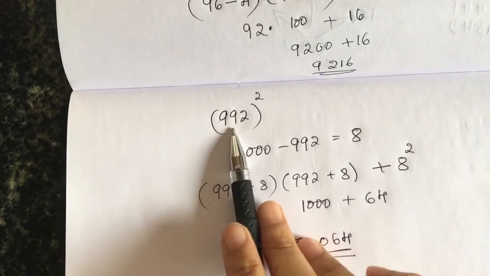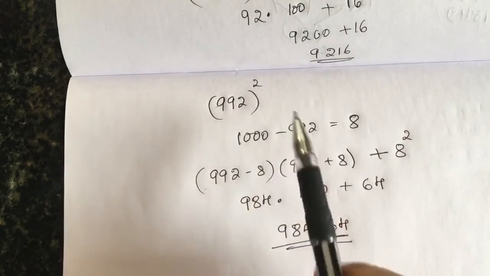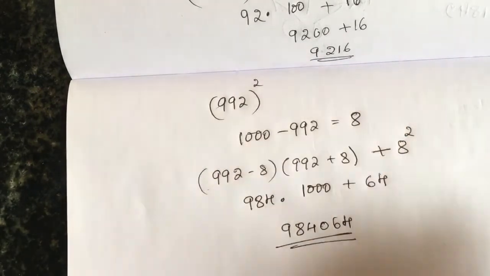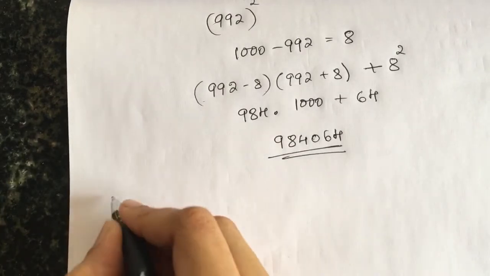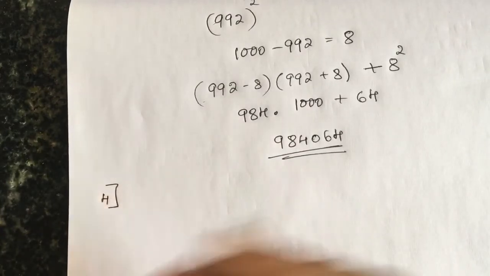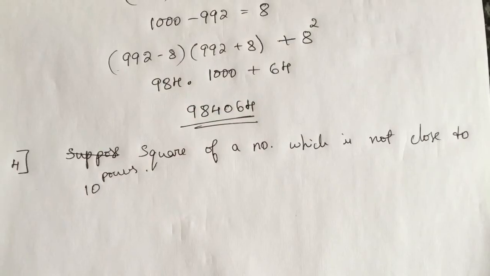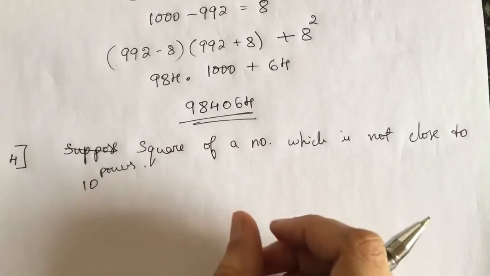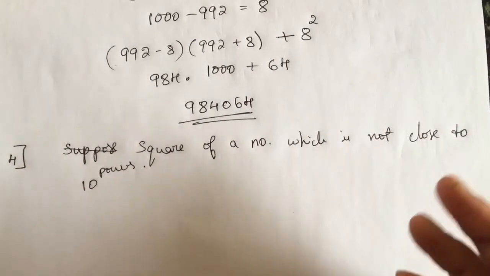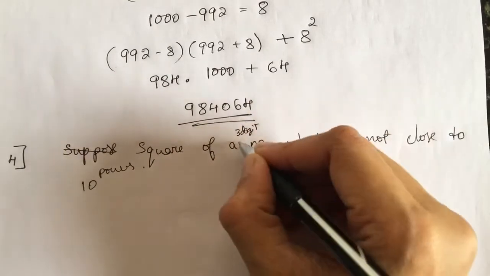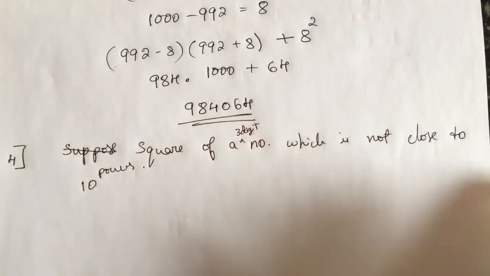This is quite easy since you have got a 3-digit number which is near to 1000. Suppose you have a 3-digit number which is not near to power 10 or 10 powers. Suppose you have to find the square of a 3-digit number which is not close to 10 powers.